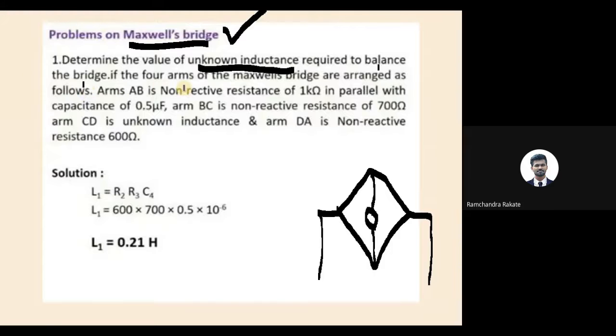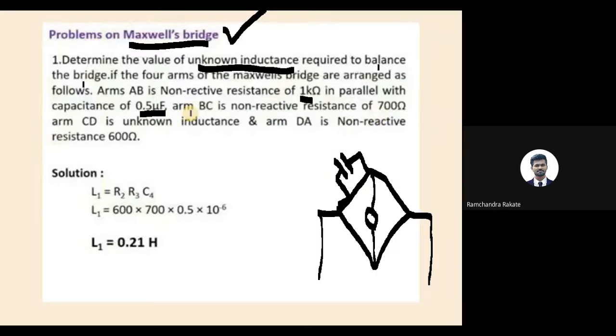If the four arms of the Maxwell bridge are arranged as follows: arm AB is a non-reactive resistance of 1 kilo ohm in parallel with a capacitance of 0.5 microfarad. Suppose I say this is the resistance, and along with it there is a capacitance, as we have seen in this diagram.